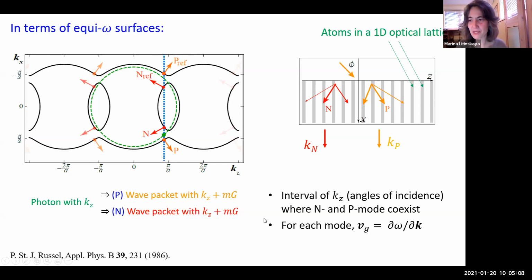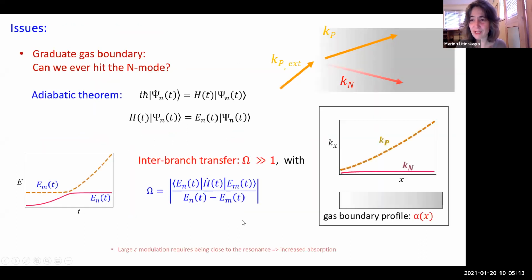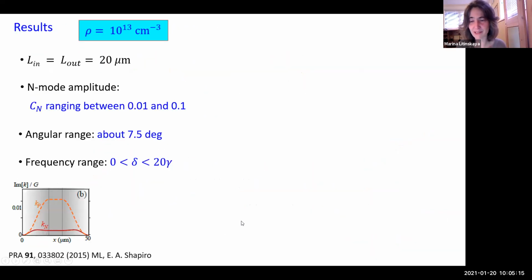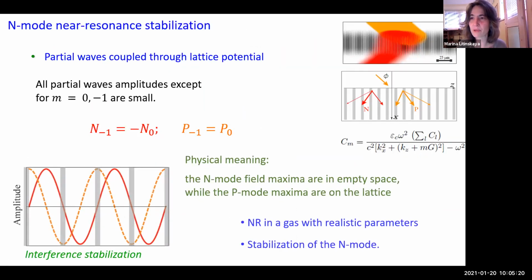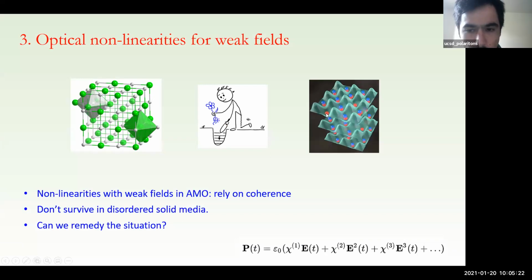I'm very sorry. I see that I don't have time for the last part of my talk. So let me just show the last slide. I can just say that the last part was about putting the concepts from here back into condensed matter system. And in our recent work, we found a possibility to create an optical nonlinearity for weak fields, for arbitrarily weak fields, in spite of disorder that is present here.